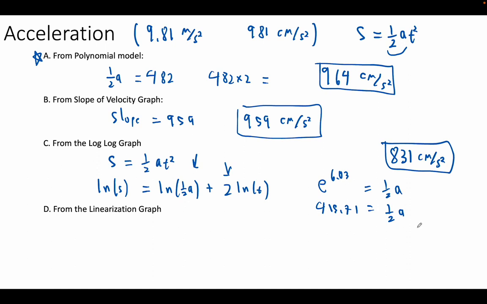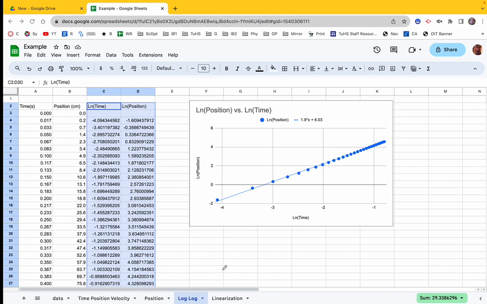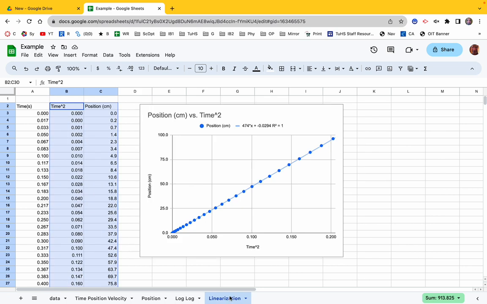All right, and then finally from the linearization graph. We graphed s is 1/2 at squared. If you graph s versus t squared, the slope of that graph is just 1/2 a. Literally, if you make t squared the x-axis and s the y-axis, the slope's going to be 1/2 a. So let's take a look at the linearization.